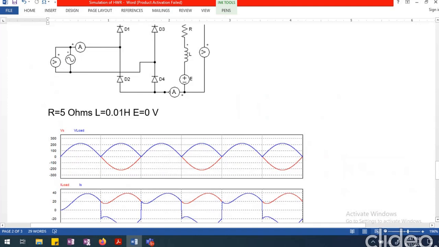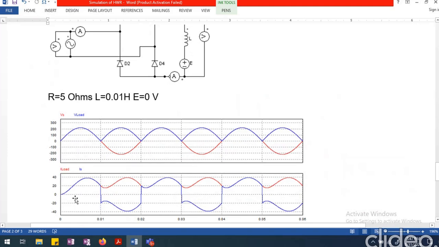The source current comes down slightly and then increases, and similarly here also.